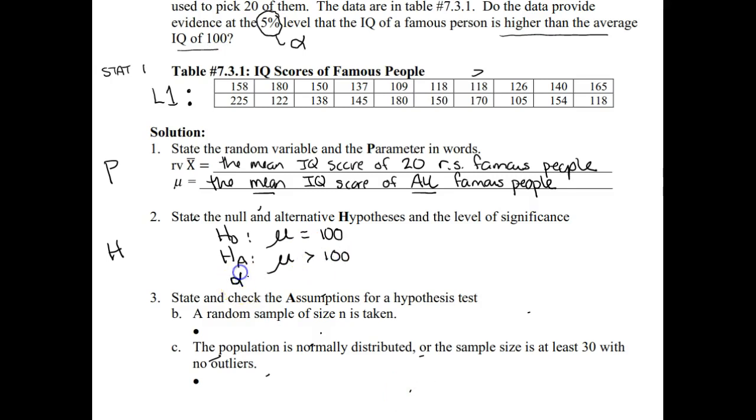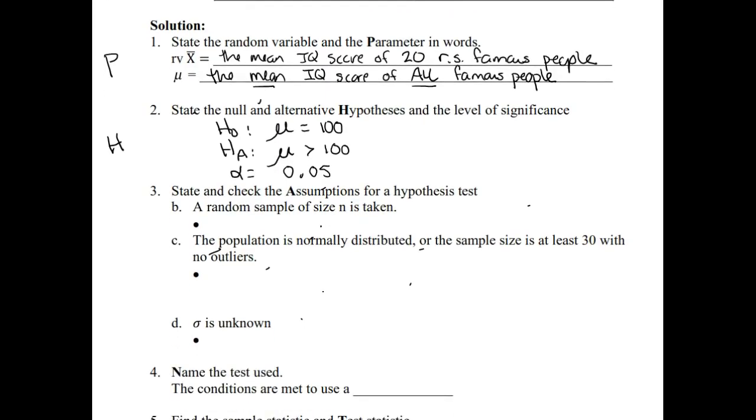And the level of significance that we're going to use to make our decision in the end, they told us to use 0.05. Now, the level of significance is not always 5%, but it is the most common one, which is why it's what we used in the last unit to define that difference between unusual and not so unusual events.